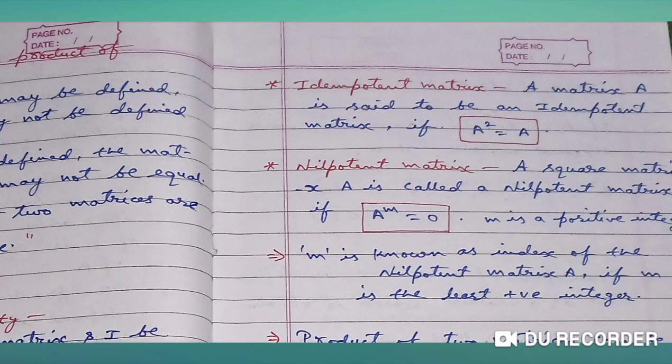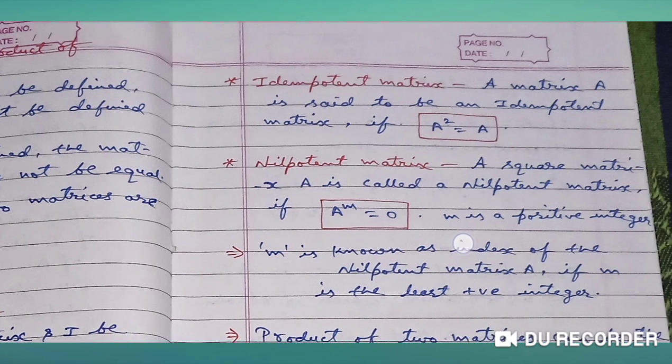We write A into A, the matrix A will be multiplied with itself, and this will create A square. So if a matrix is multiplied with itself and their product is equal to the matrix itself, then we can say that this matrix is idempotent.